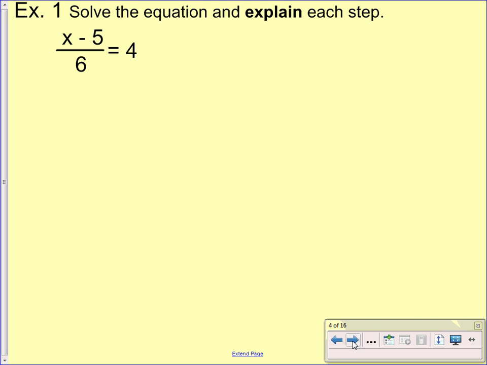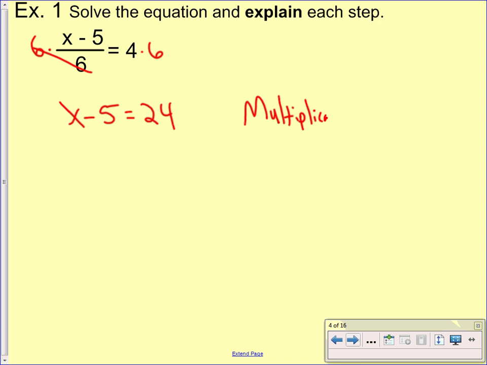Example 1. Solve the equation and explain each step. First, I need to eliminate the fraction. So I'm going to multiply by 6 on both sides. So I get x minus 5 equals 24. And I will justify this step with the multiplication property of equality.